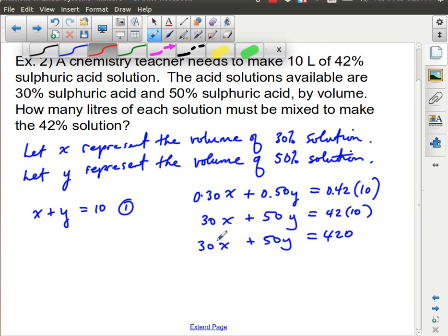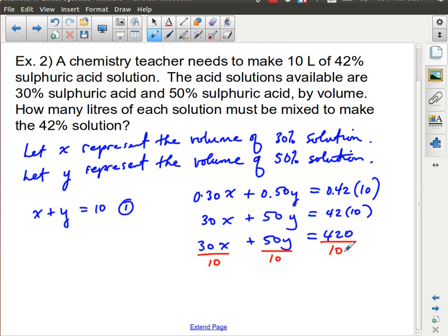If I divide everything by 10, I end up with a simpler equation, 3x plus 5y equals 42. And then we ask ourselves, is there an even simpler form of this? Unfortunately there's not. We can't divide by anything they have in common with each other. So that's just going to be my equation 2.